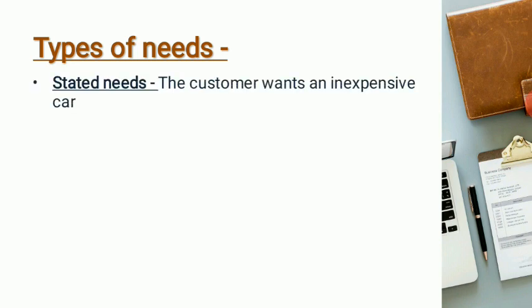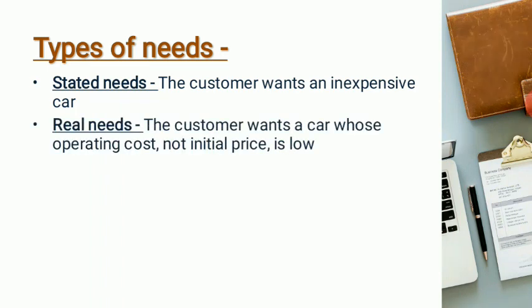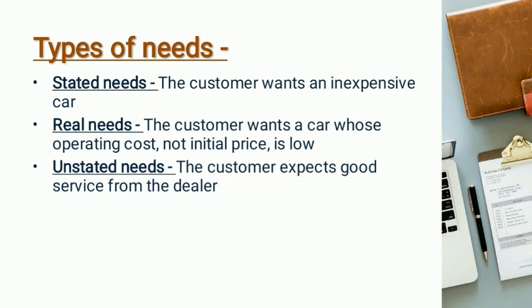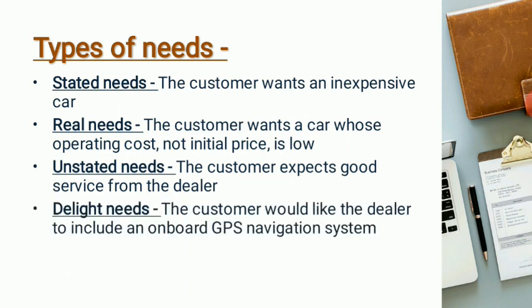First one is stated needs. The customer wants an inexpensive car. This is a stated need. Next one is real needs. The customer wants a car whose operating cost is low, not the initial cost. Next one is unstated needs. The customer expects good service from the dealer. That is an unstated need. Next one is delayed needs.